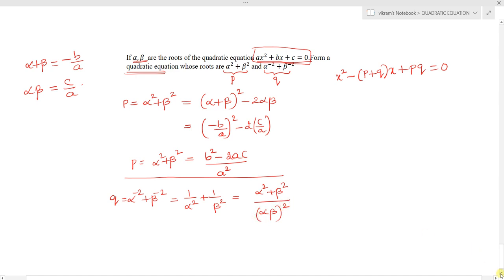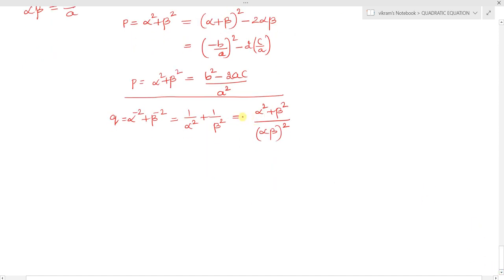We obtained alpha square plus beta square just above as (b square minus 2ac) by a square, into (alpha beta) whole square, that means c square by a square. The a square will cancel out, and alpha power minus 2 plus beta power minus 2, which we consider as q, is equal to (b square minus 2ac) by c square.